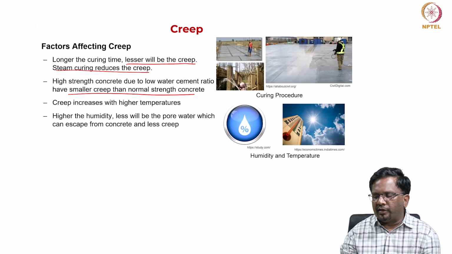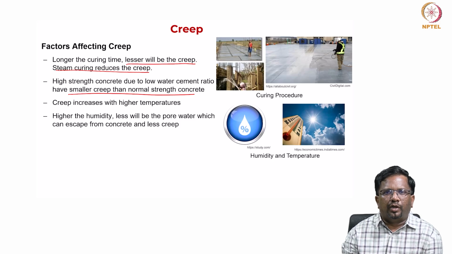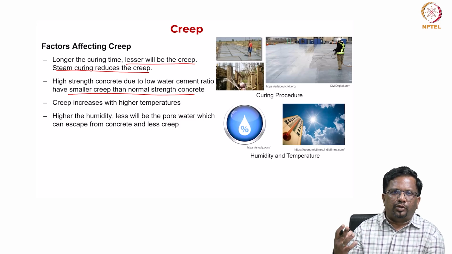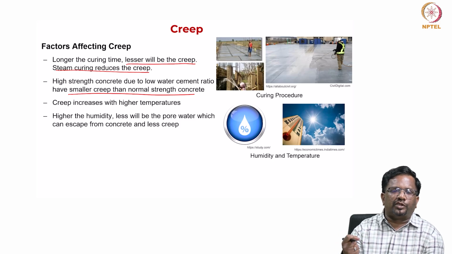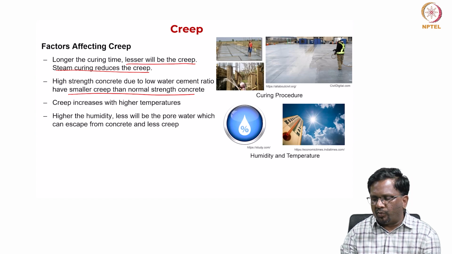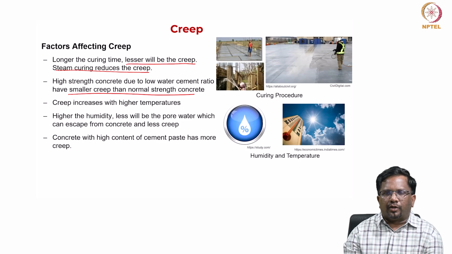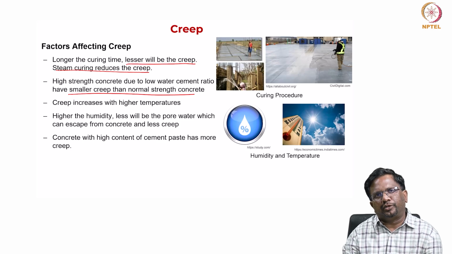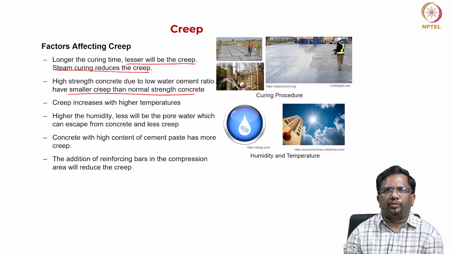Now, again, the higher the humidity, the less pore water can escape. If you are in a very humid region, the moisture content in the air is already high, so it cannot absorb more moisture from the outside. So, the higher the humidity, the less pore water can escape from the concrete, and that means less creep. Concrete with a high content of cement paste will also tend to creep more; we have to keep that in mind.